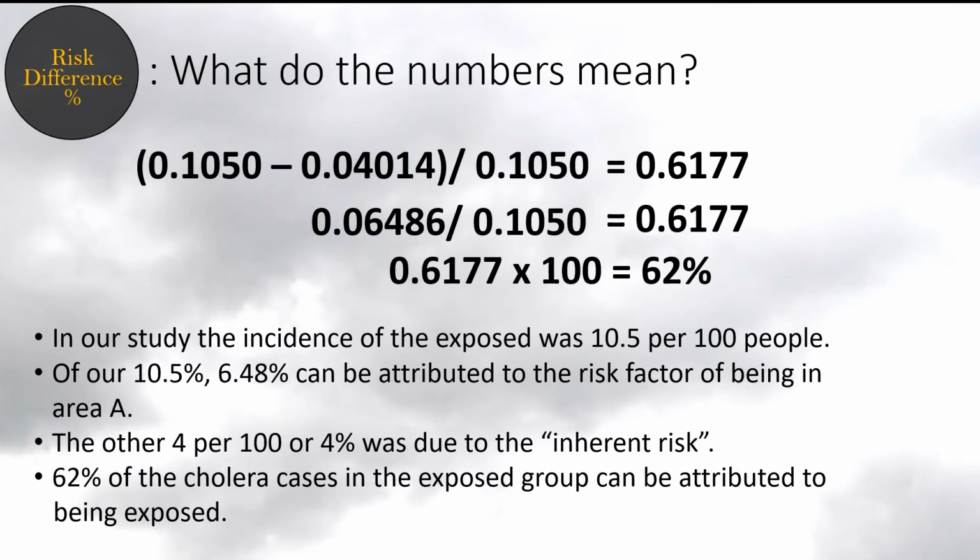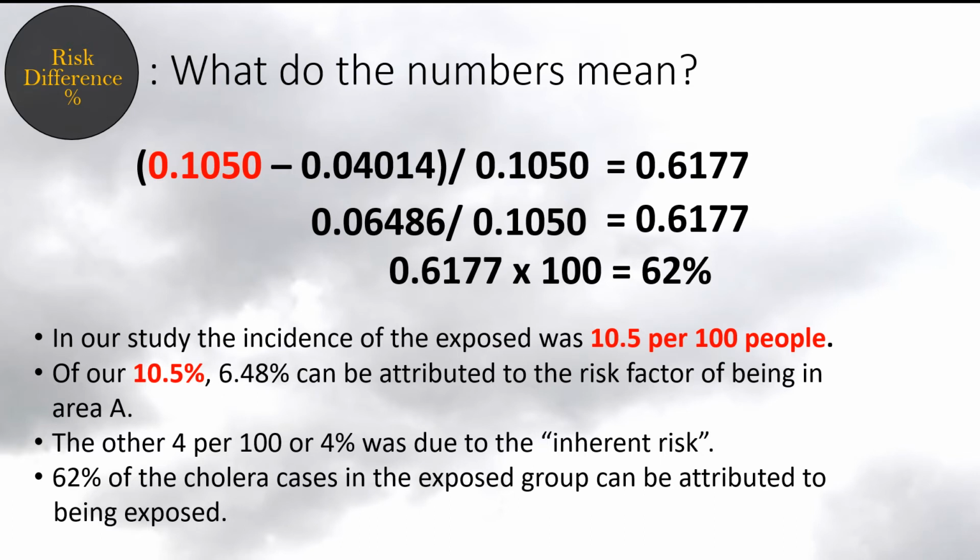So, what do the numbers mean? Right then, in our study, the calculation up here is the whole thing. In our study, the incidence of the exposed was 10.5 per 100 people.